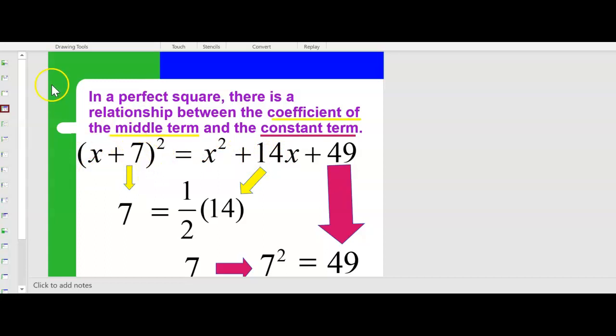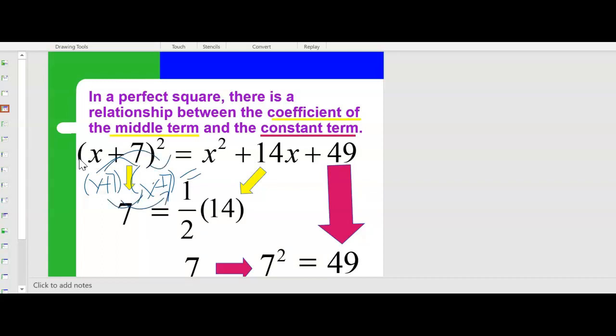So x plus 7 squared equals two parentheses times each other: x plus 7 times x plus 7. And keep getting rid of the parentheses. You're going to do the distribution 4 times.